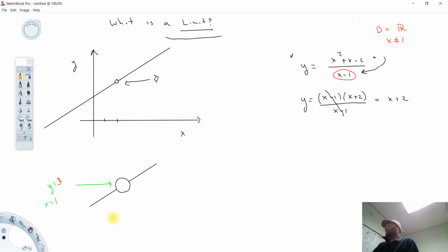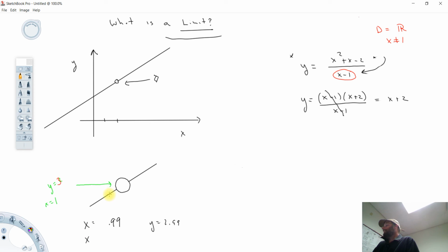Here's something to consider, though. The limit is about what's happening when x approaches 1. This function is defined at x equals 0.99. You can get a number out of it. If x is 0.99, then y is 2.99. I'm just subbing that value in. Let's get a little closer.